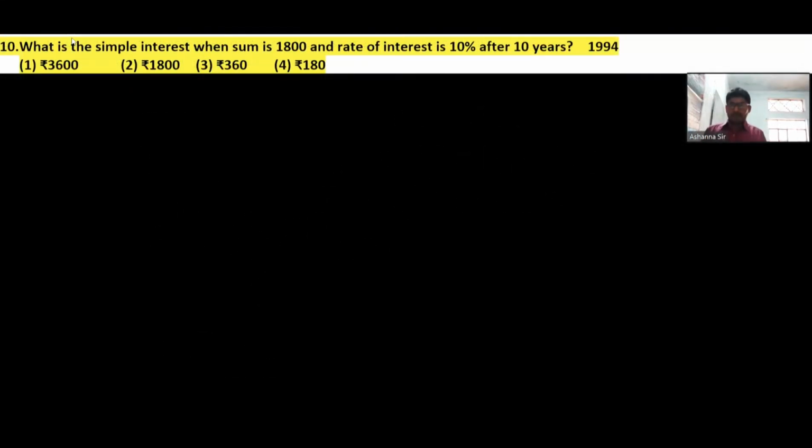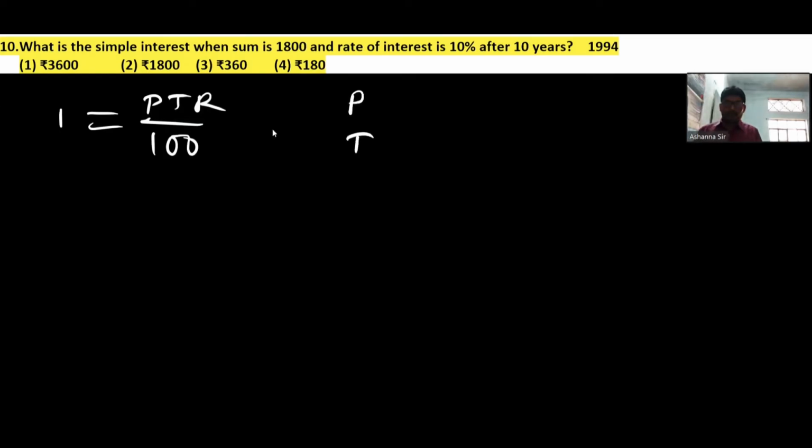Children, question number 10. What is the simple interest when sum is 1800 rupees and rate of interest is 10% after 10 years? So here we have to find interest. I is equal to PTR by 100. Given principal 1800 rupees, time 10 years, rate of interest 10%.